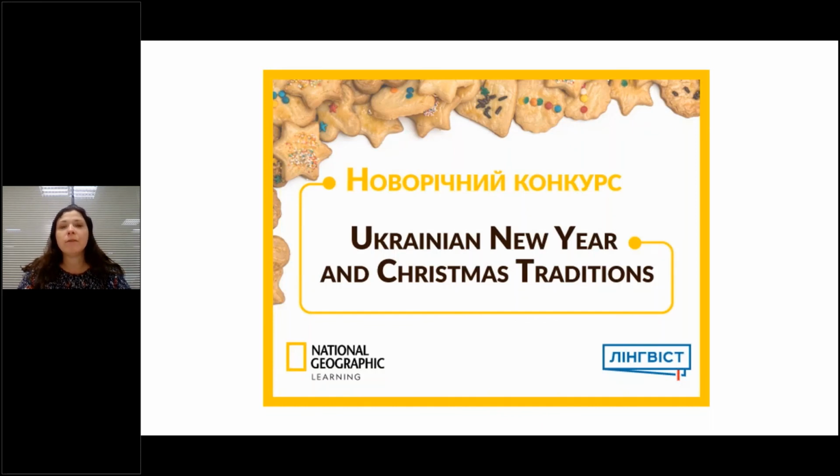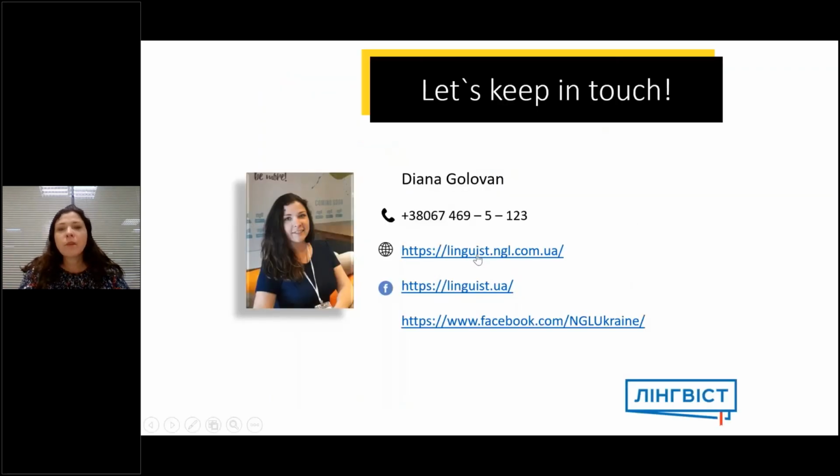You can find out about the competition on our site, linguist.ngl.com.ua. In the news, you can find all the information. Also, you will get links to different articles, and there you can also open this competition.